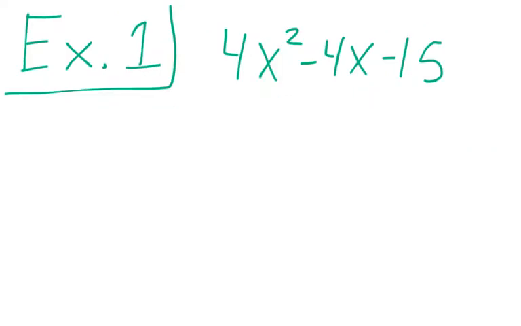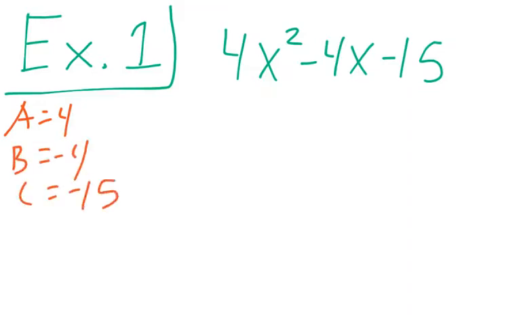Here's an example: 4x squared minus 4x minus 15. We know that a is 4, b is negative 4, and c is negative 15. So I have to find my two numbers.